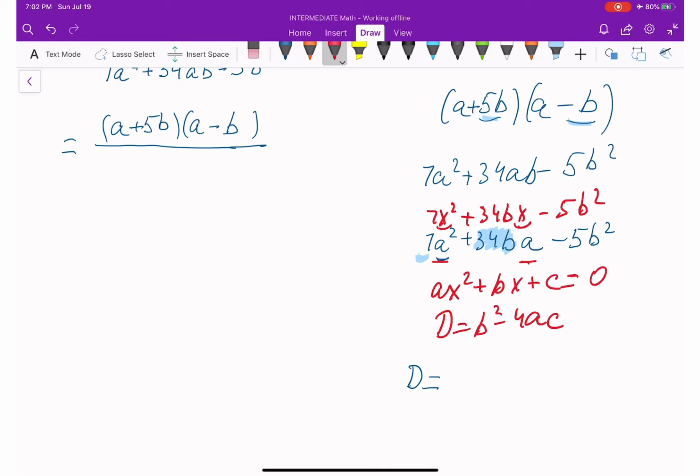Let me write it out here. A is equal to 7, right? B is equal to 34b. It's just a coincidence, same letter, otherwise it's not the same. Okay, it's 34b, and the variable term is equal to negative 5b squared.